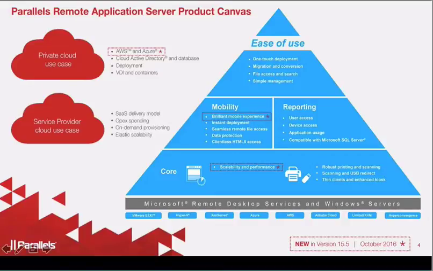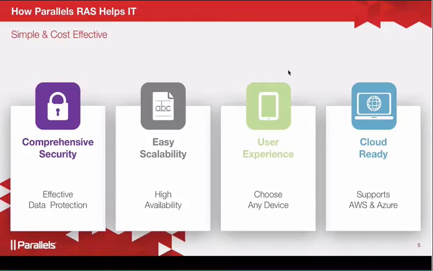The migration and conversion is fairly simple. We sit on top of your existing RDS infrastructure, and we provide better and enhanced file access and search capability. And on top of your RDS infrastructure is a simple management layer. So this slide here, I know it's a lot of information, but it summarizes very well what we do.